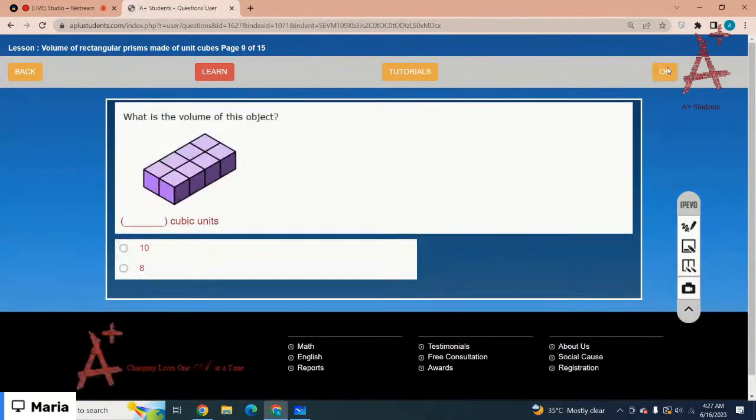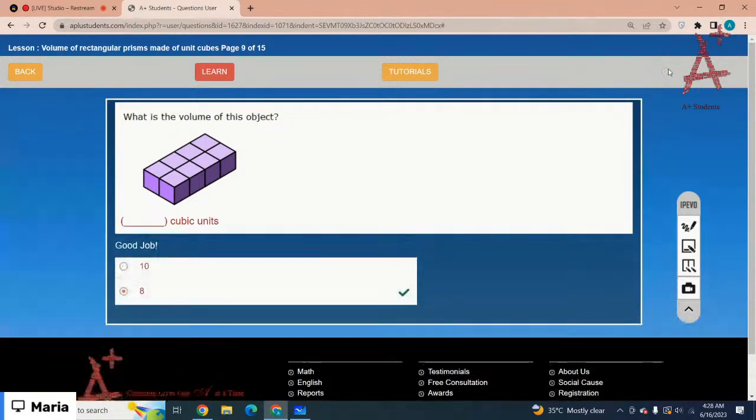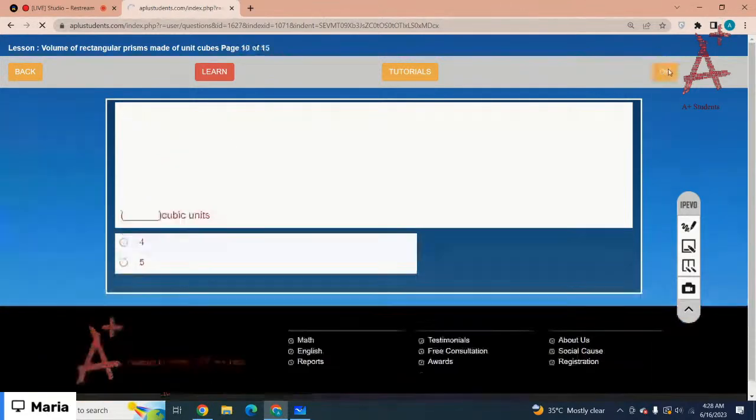What is the volume of the object? So which is the correct option? It would be 2 times 4. Got it? You have 2 rows, each having 4 cubes. So you have to do 2 times 4. That would be 8. What is the volume of this object?